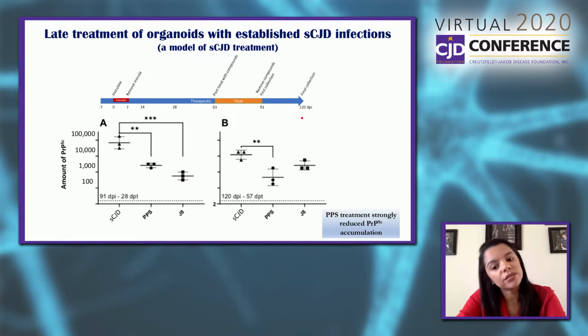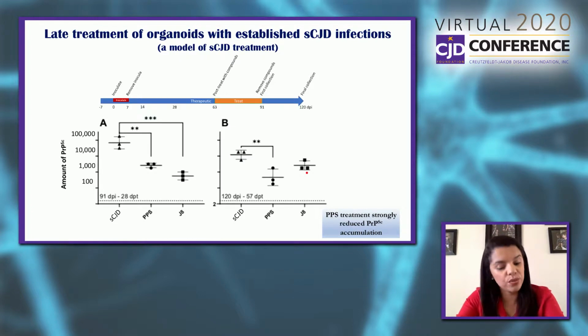And then 120 days post-infection, which means 2 months later, even though these mini brains were not being exposed to the treatment, the ones that were treated with PPS still had more than 100-fold less PrPres than the untreated ones.